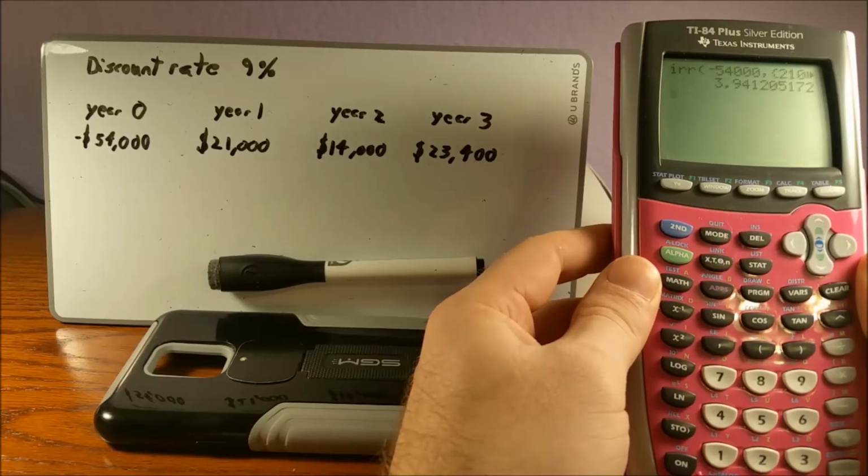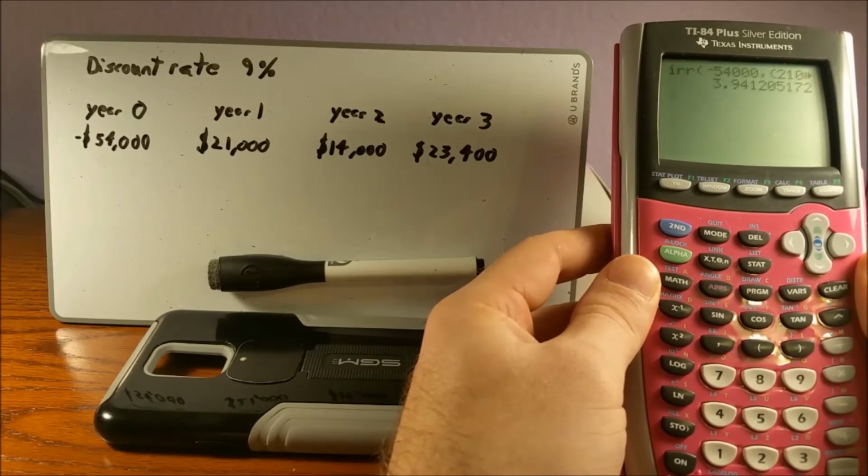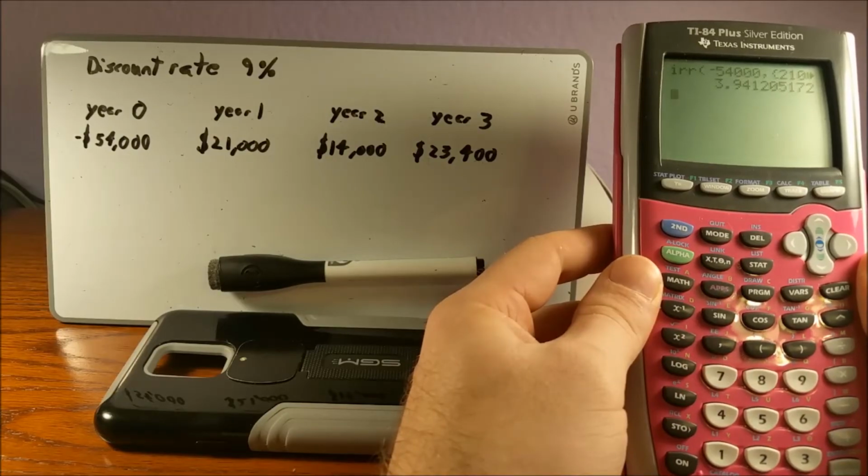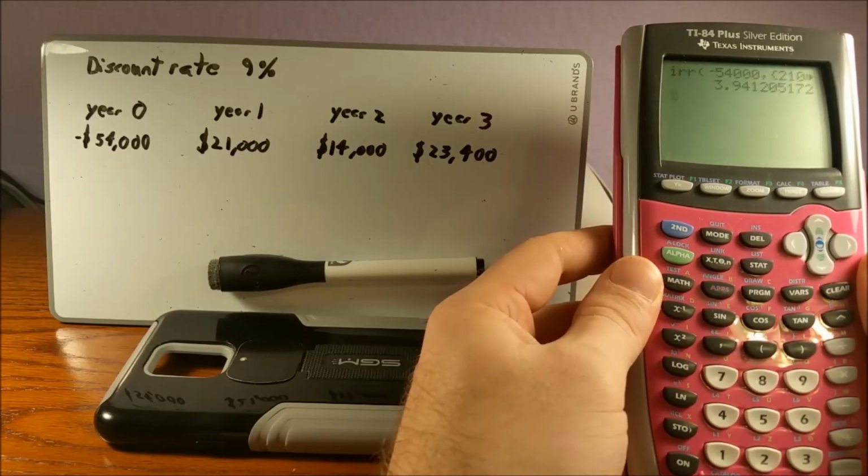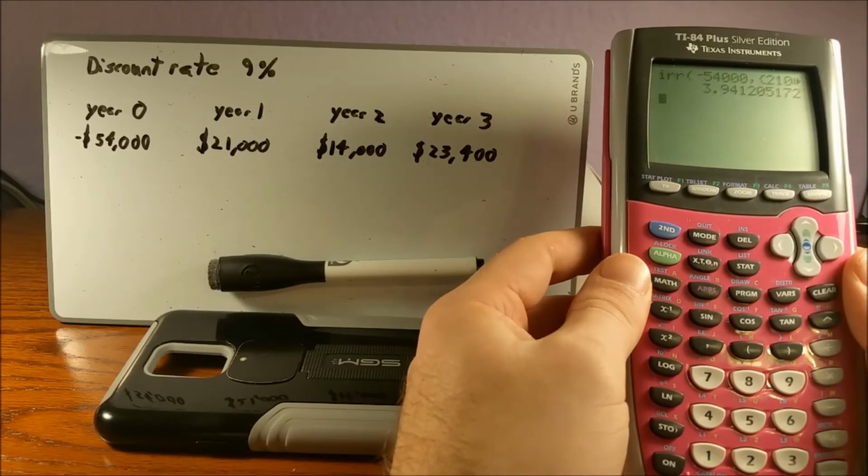So we don't want to take that project because it's less than the discount rate. Another term for the discount rate in this case is the required rate of return. And if the internal rate of return is less than the required rate of return, then we don't want to take it.